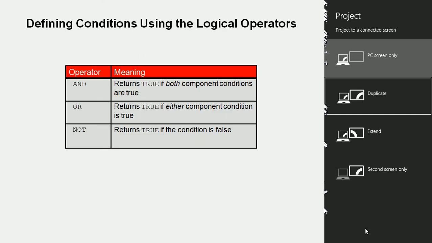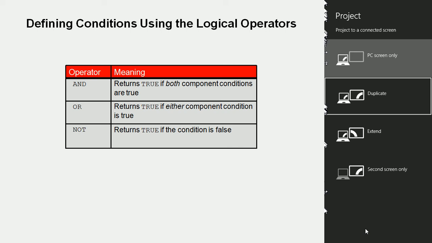Defining conditions using the logical operators. We have some different types of logical operators: and, or, and not. These are the same as we discussed in other languages as well. And will return the true result when both conditions are true. First condition is true and the second condition is true, so the overall result will be true.